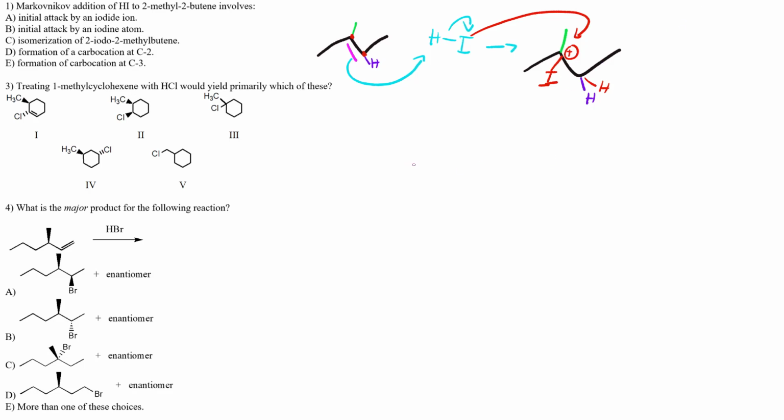Now we have to do methylcyclohexene with HCl, so it sounds like a Markovnikov's rule problem. So here's cyclohexane, and that's not a good ring, right? Okay, so I really can't draw today, my gosh.